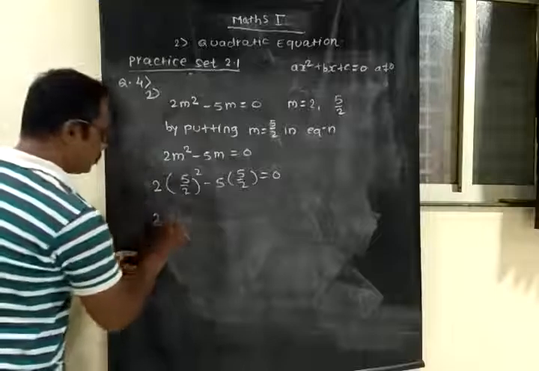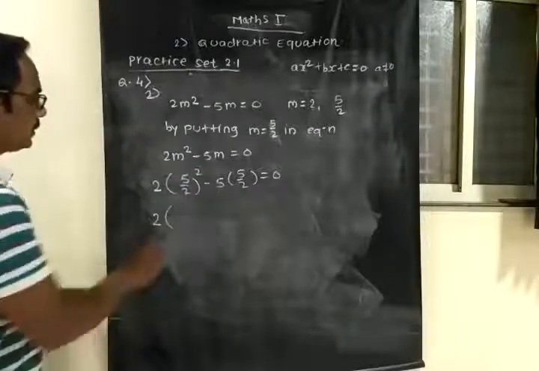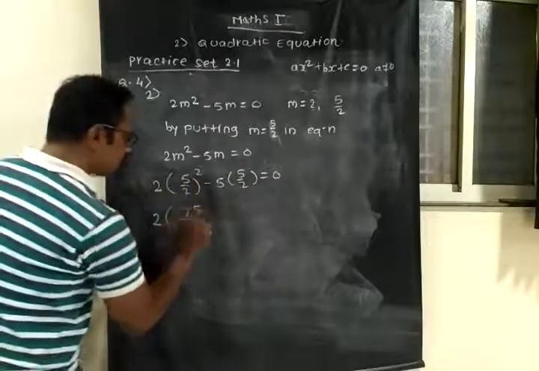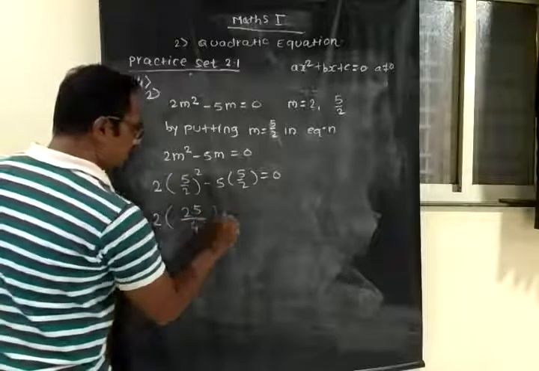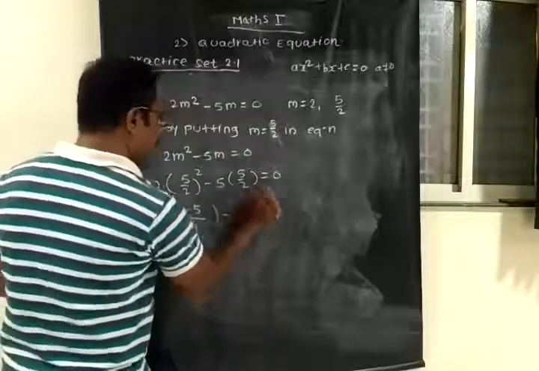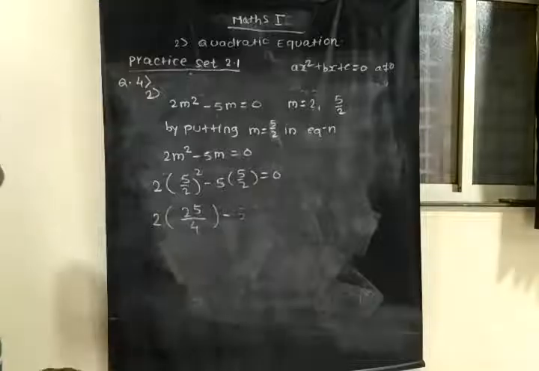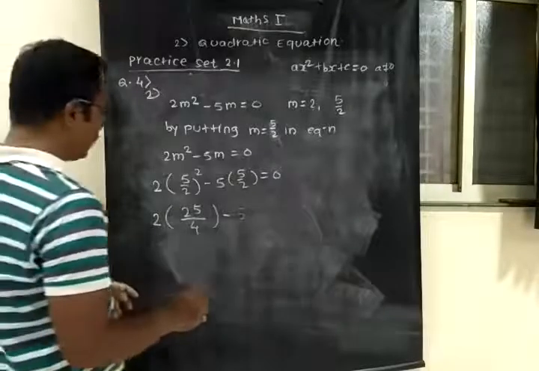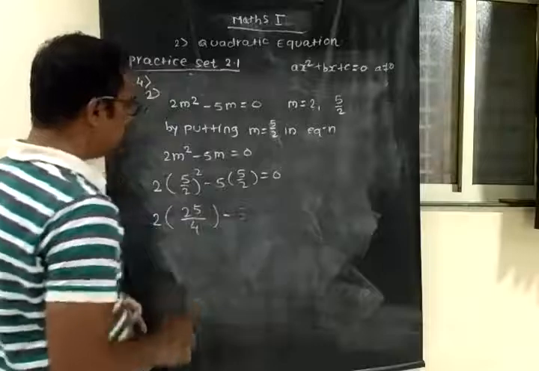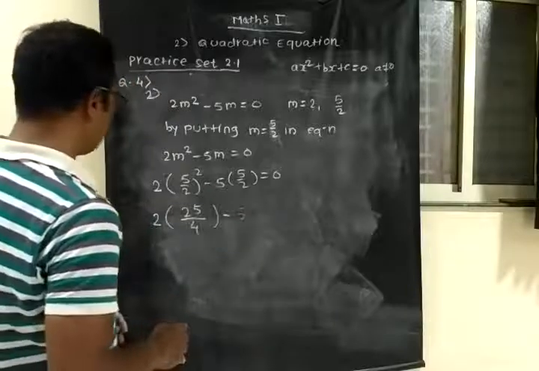Now here 2 in bracket, (5 upon 2) square is square of 5 is 25, square of 2 is 4, minus 5. So here 5 5s are 25 upon 2.